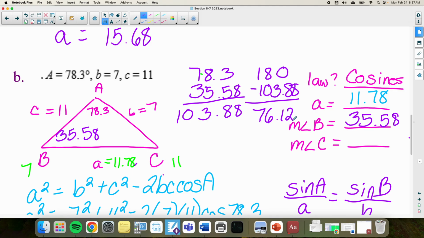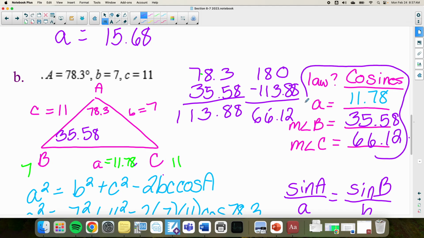Is that what you got? 66. So that, oh, I bet I see what I did wrong. This should have been 113. Yeah. This should have been 113, so it's 66.12. Thank you. And then this is your answer.